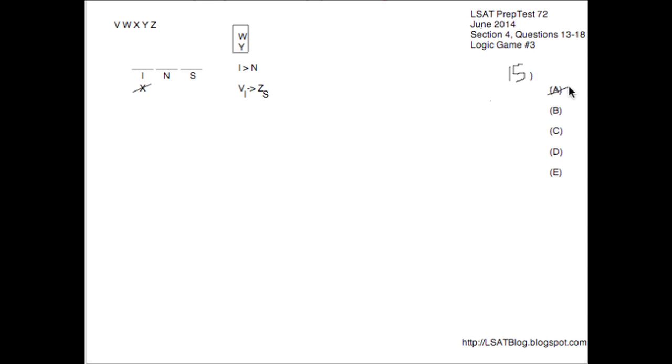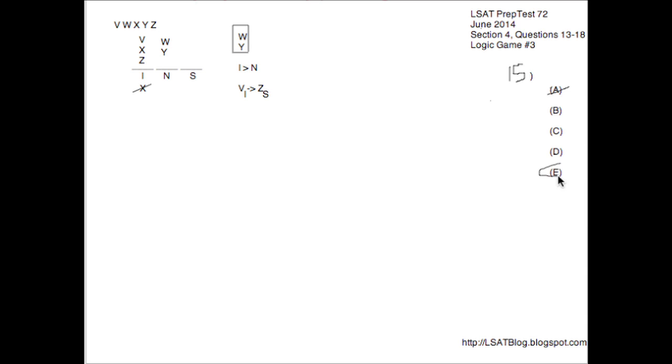Looking at E, W and Y on Norway, what does that do? If we had W and Y on Norway, then we'd have to have everything else, V, X, and Z, on Iceland. And having V, X, and Z on Iceland is a problem because V I requires Z S. For that reason, E is going to be our answer.